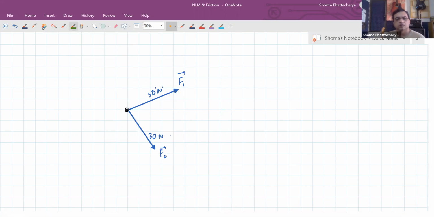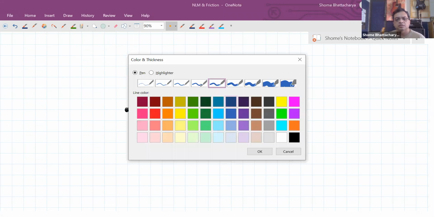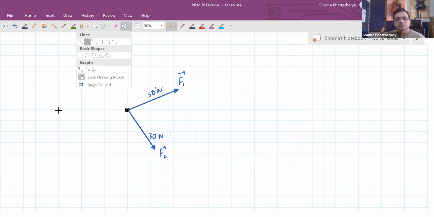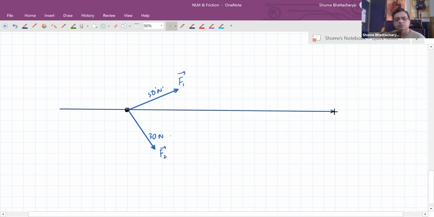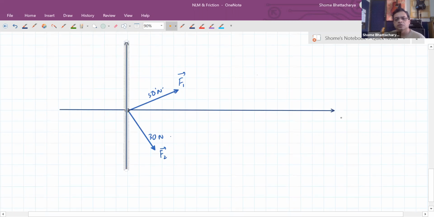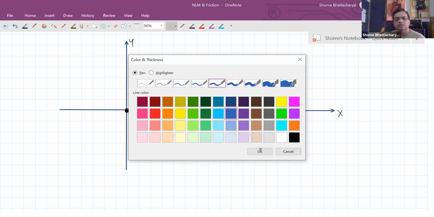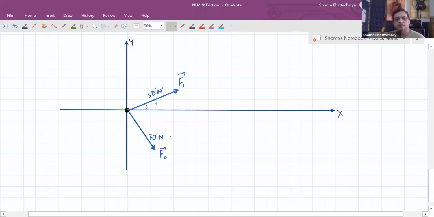We take the horizontal direction as our X axis and the vertical direction as our Y axis. With respect to this axis, this one is at an angle alpha of 37 degrees, and this is at an angle beta, which is also 37 degrees.